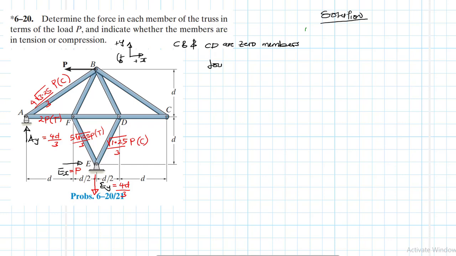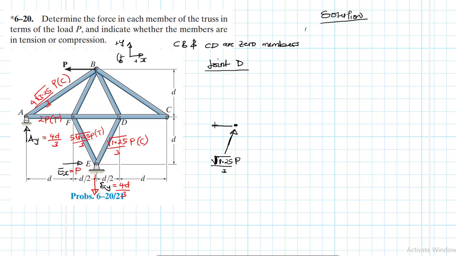So we have joint D. Joint D, what do we have? Joint D, there we go. So the joint D, we have this compression, which is a root of 1.25 P divided by 3.